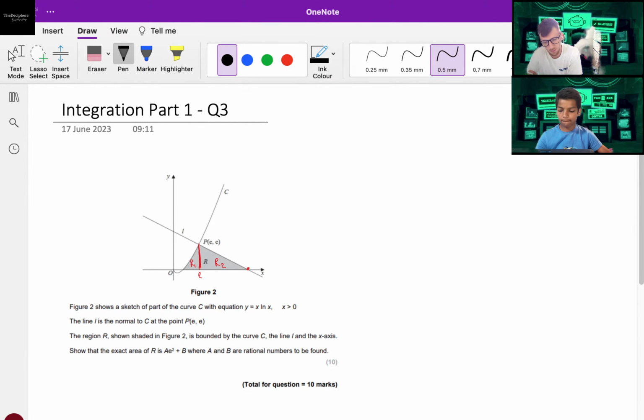You're right. The only thing we know about that line is that it's the normal and we've got a point on it. So we're going to have to use the fact that it's a normal to that curve, so we're going to have to differentiate that curve.